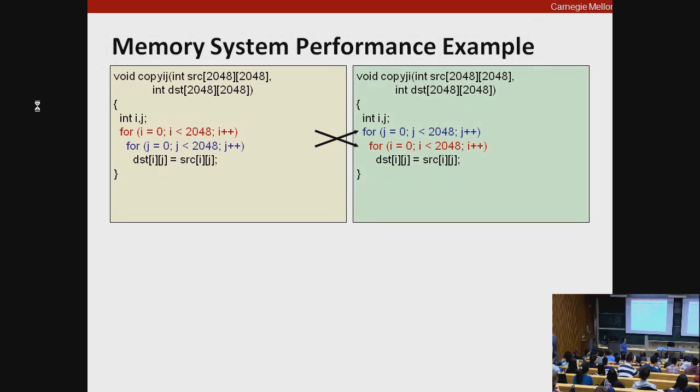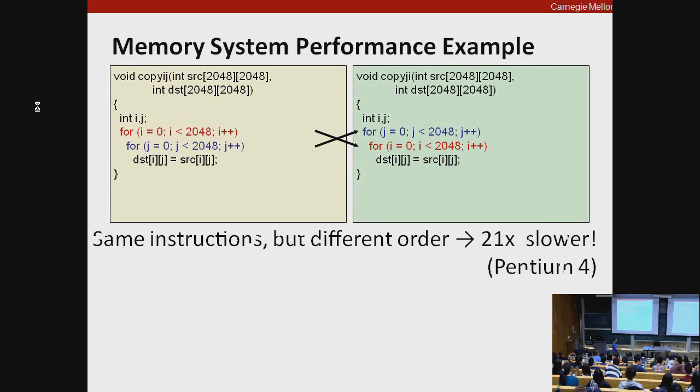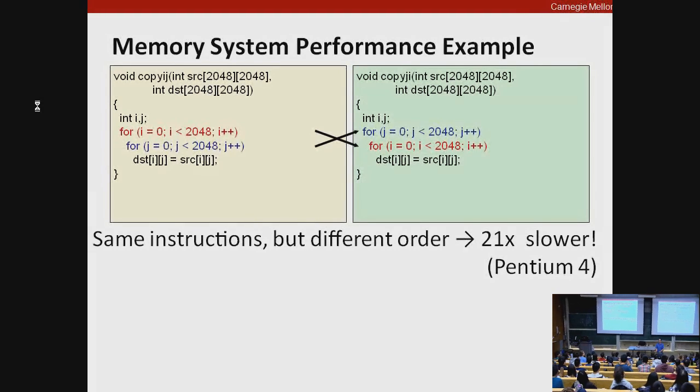Okay? In this case, one version is 21 times slower, at least on the Pentium 4. Why? We'll talk about that when we get there, but it has to do with that memory hierarchy we talked about, and using things that are in the faster parts of it. Okay?